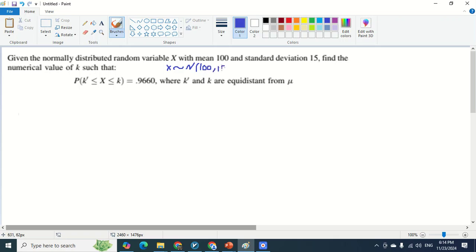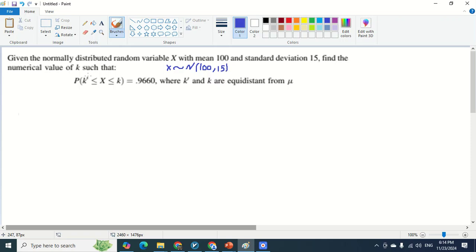So these are the characteristic parts of a normal distribution for a given random variable. They ask you to find k such that k and k prime are equidistant from mu, and we have this probability over there.